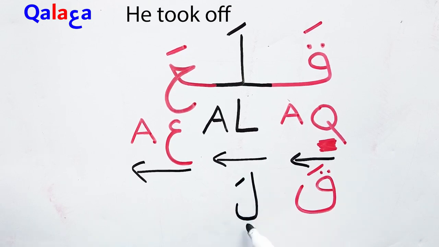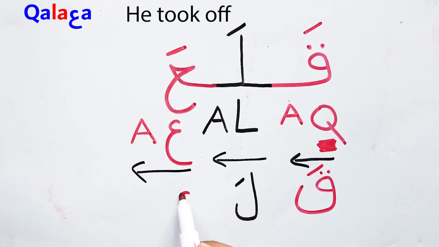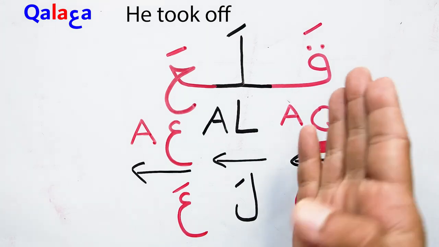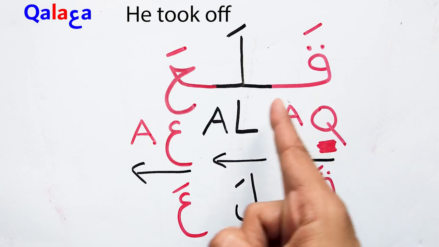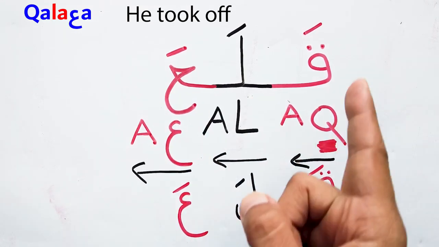It's like this. And finally the a when it is out of the word is like this. If you want to learn more about the shapes of the letters in the word, please check the previous classes. Qa la a.